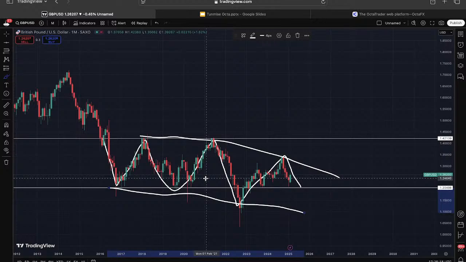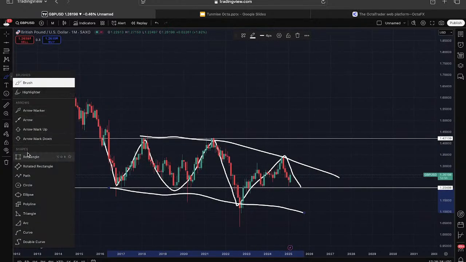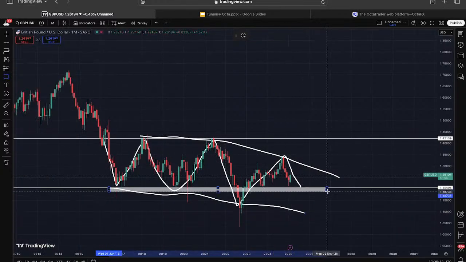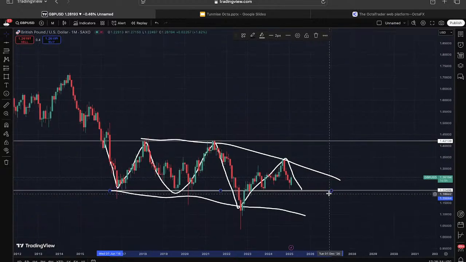However, we can see that currently price is above this support zone.